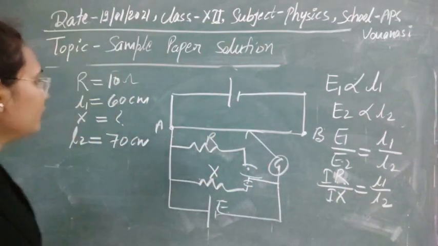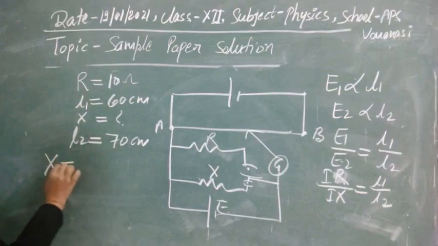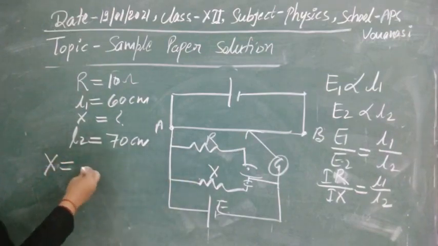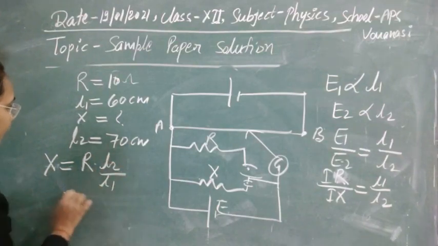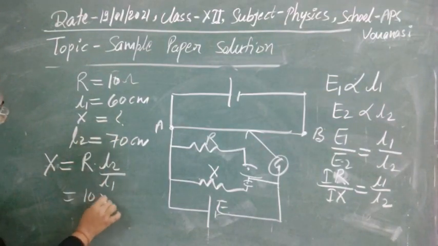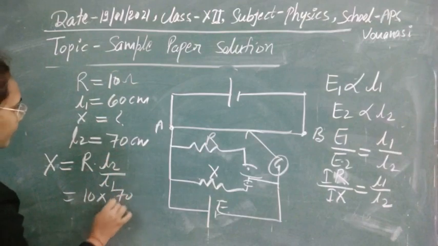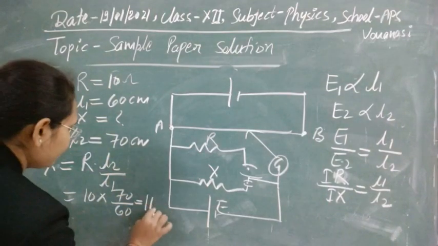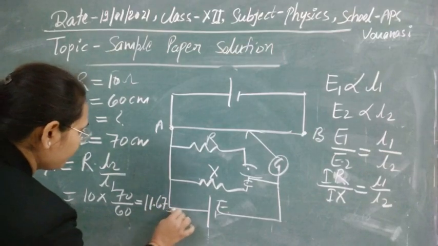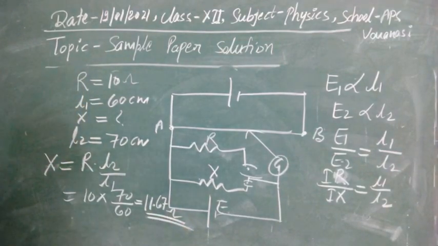What will be the value of X? From this equation, the value of X will be R L2 upon L1. Now put the value of R here, the value of L2 here, and the value of L1 here, and just solve it. Its value comes out to be this. So this is the answer to this question.